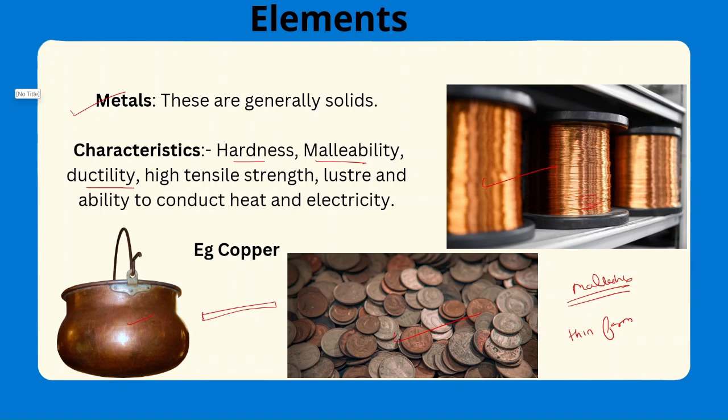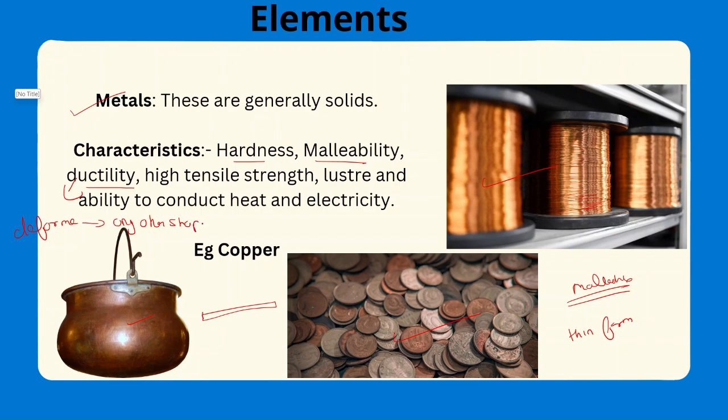Now we'll understand the term ductile. Why are metals ductile? Malleable means we can hammer it and make it into a thin wire. Ductility means the metal or solid can be deformed, meaning we can convert it into any other shape.